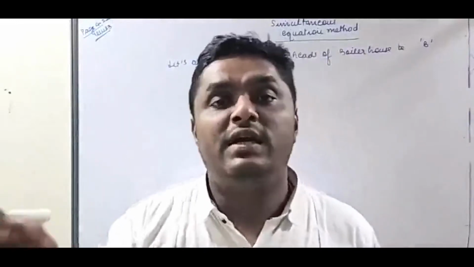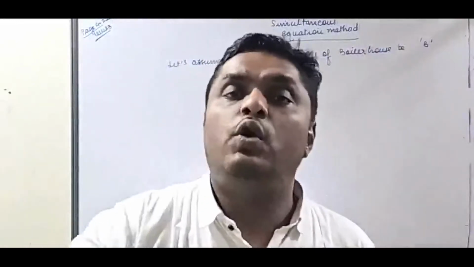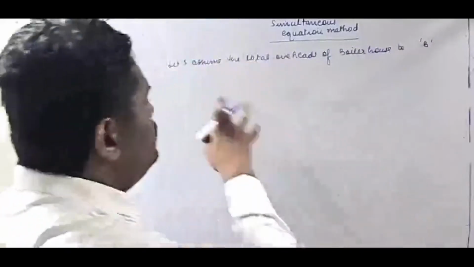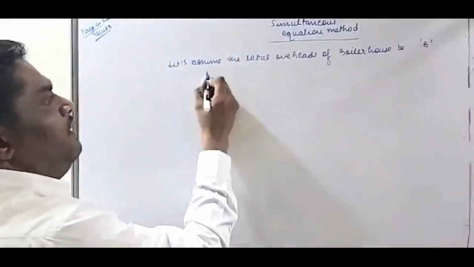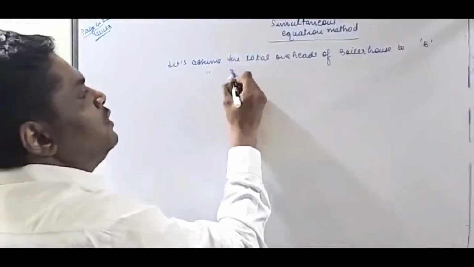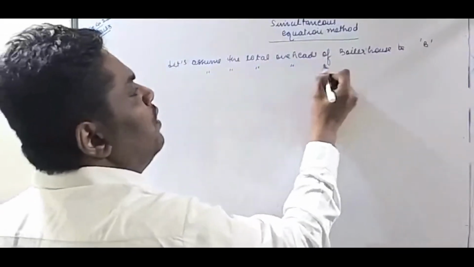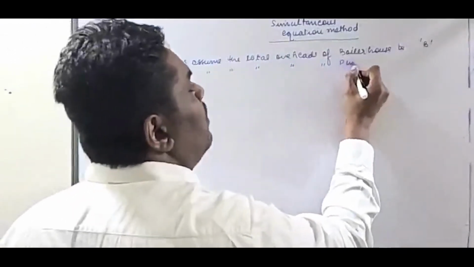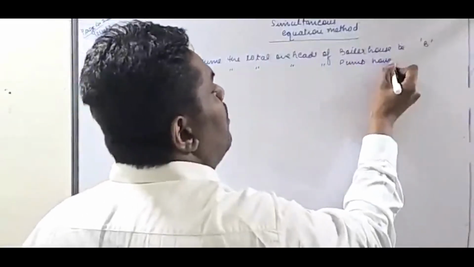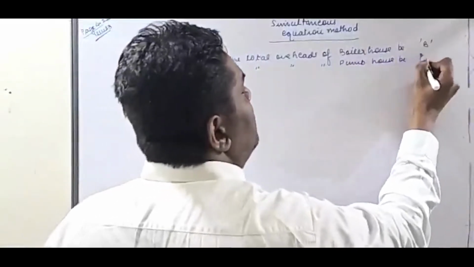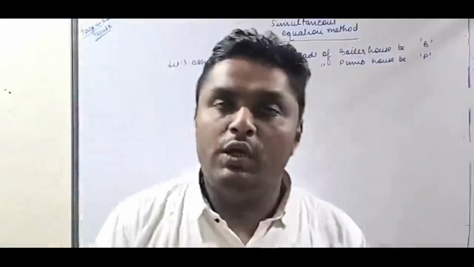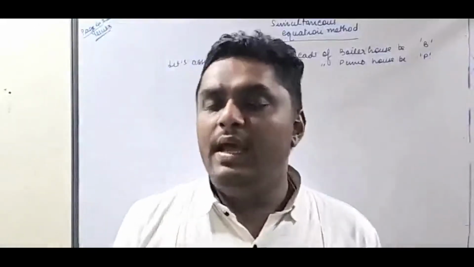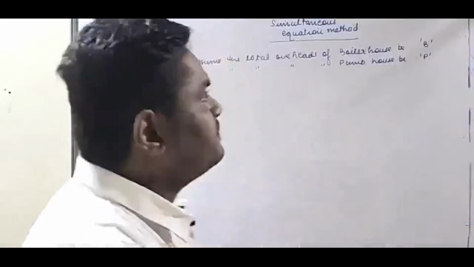Apart from 3 lakh, a certain percentage of pump house will go to the boiler house. So let's assume that the total overheads of boiler house be B, and the total overheads of pump house be P.